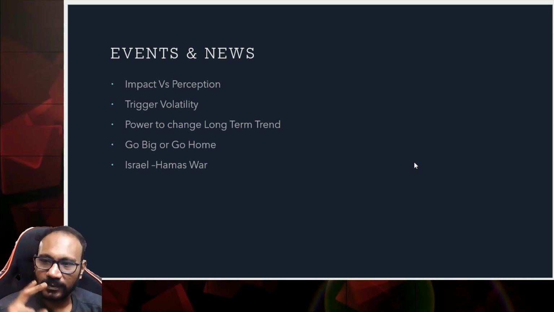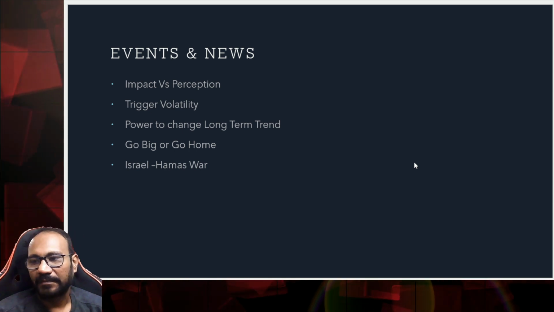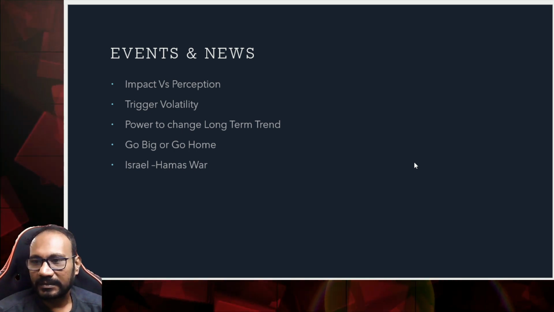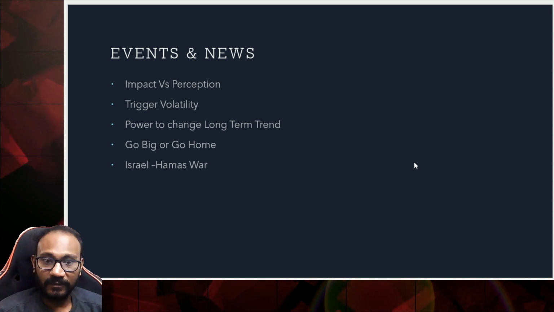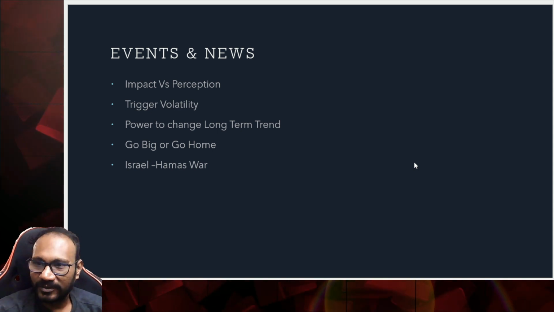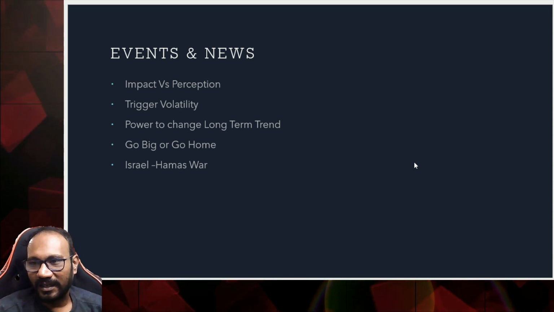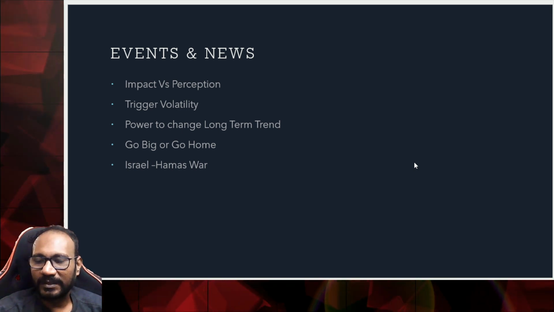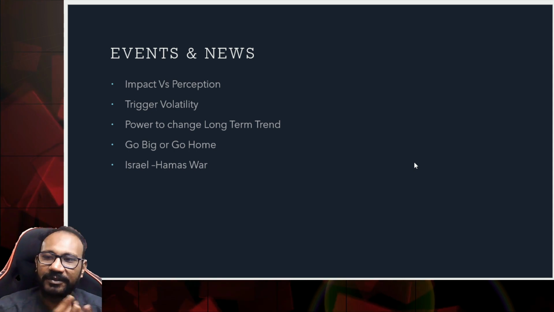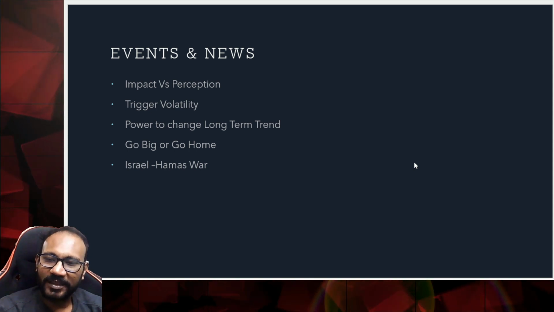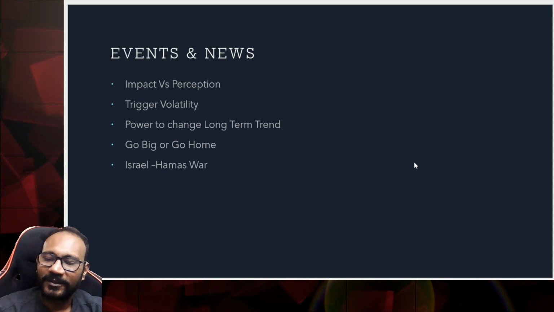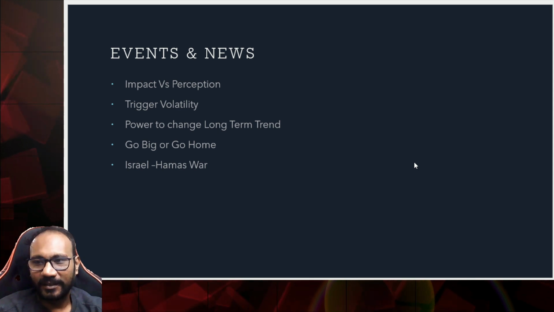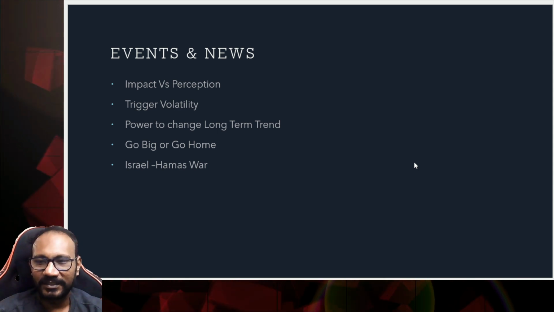So there are two impacts: a real impact and a perceived impact. Whenever news comes, the perceived impact reflects in the market very fast, because there is fear, there is panic, and everybody perceives it differently. Once a collective sentiment is formed and the market takes it in a particular direction, the perceived impact rides it to a certain distance.